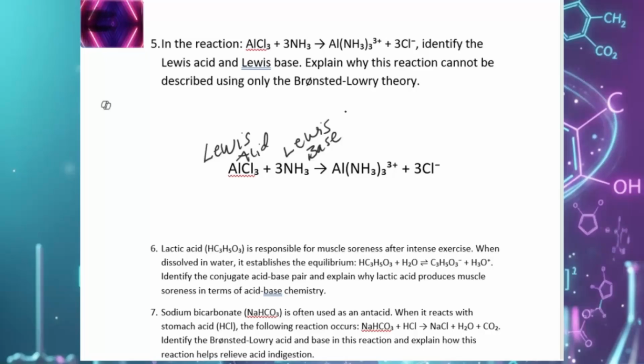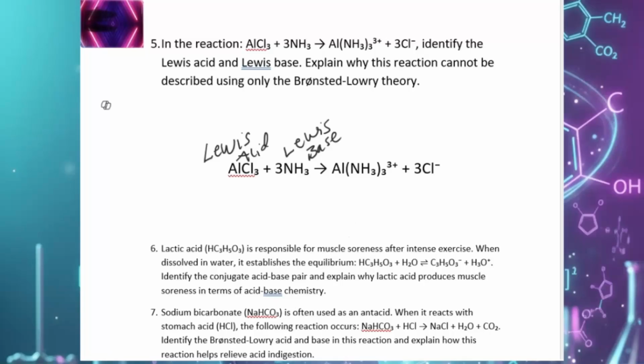It's because of what you have to learn in previous chapters that comes back to help you in future chapters. So again, the Lewis acid is AlCl3 because the aluminum 3+ ion accepts electron pairs, and the NH3 donates electron pairs.